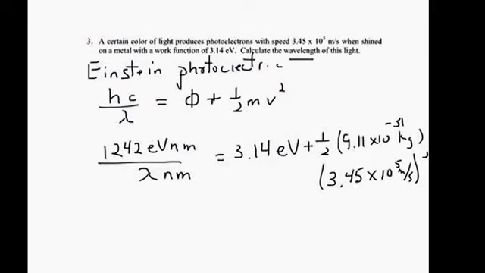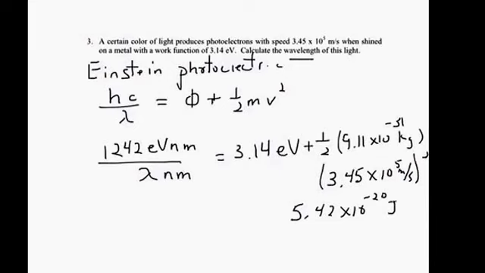When I do the calculation for 1/2 times 9.11 times 10 to the negative 31 kilograms times 3.45 times 10 to the 5th meters per second squared, I get a value of 5.42 times 10 to the negative 20 joules.